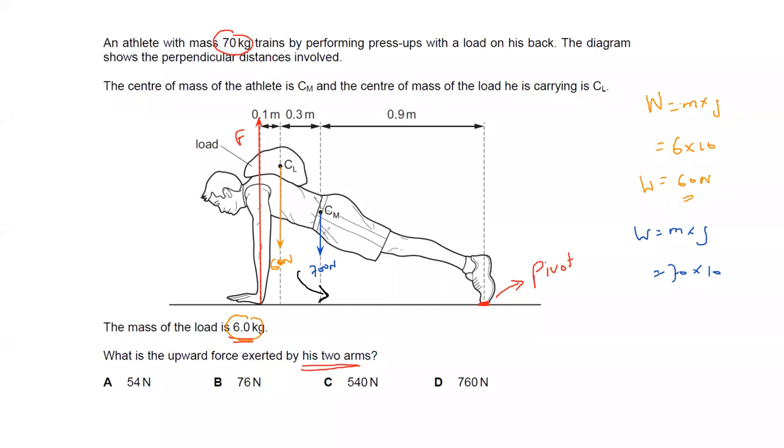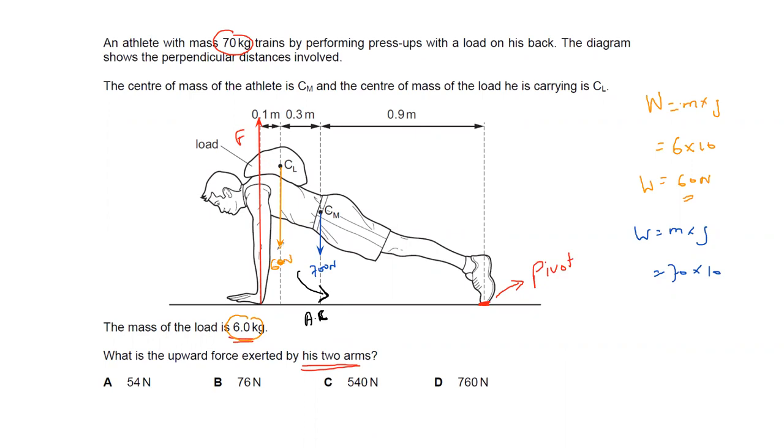So there is a weight of the athlete. This is a pivot. As he moves downward, which direction is this showing a rotation, clockwise or anti-clockwise? So this is anti-clockwise. So this is anti-clockwise rotation.